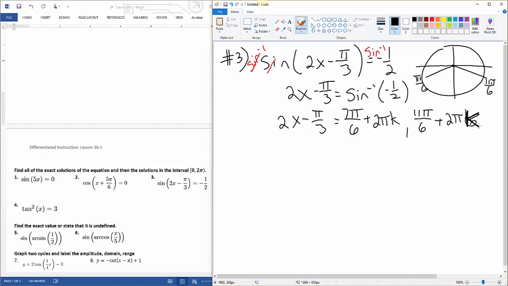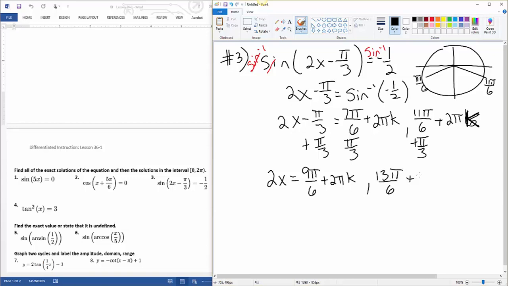So now I need to get x by itself, so I need to add pi thirds to each of these statements. And so I get 2x equals, now if I add pi thirds, it's like adding 2 pi 6. So that's going to give me 9 pi 6 plus 2 pi k, and 13 pi 6 plus 2 pi k.